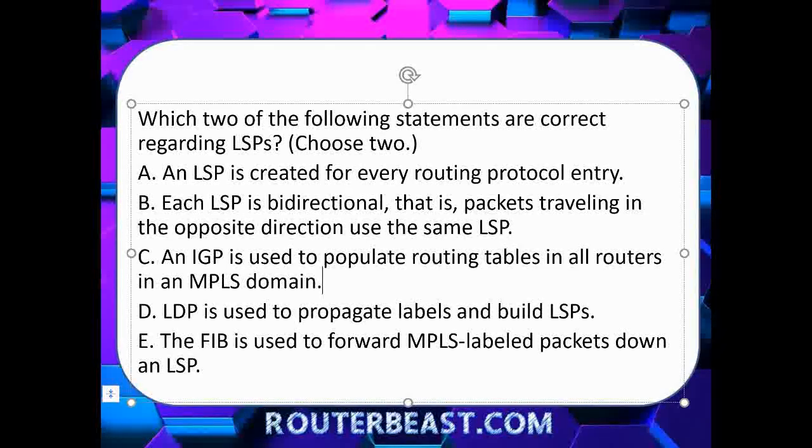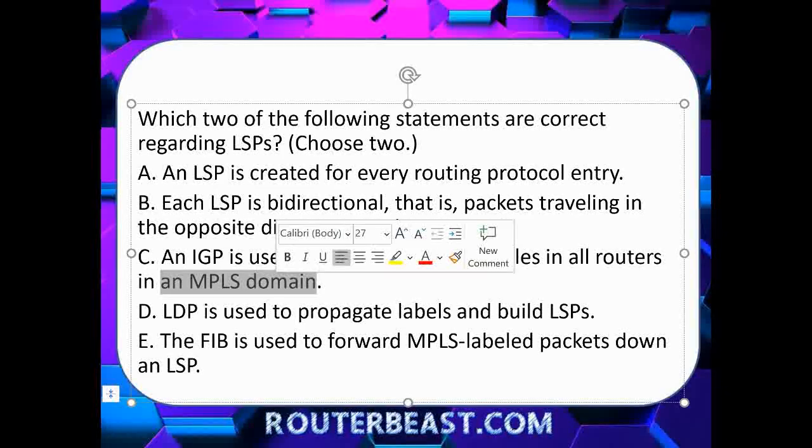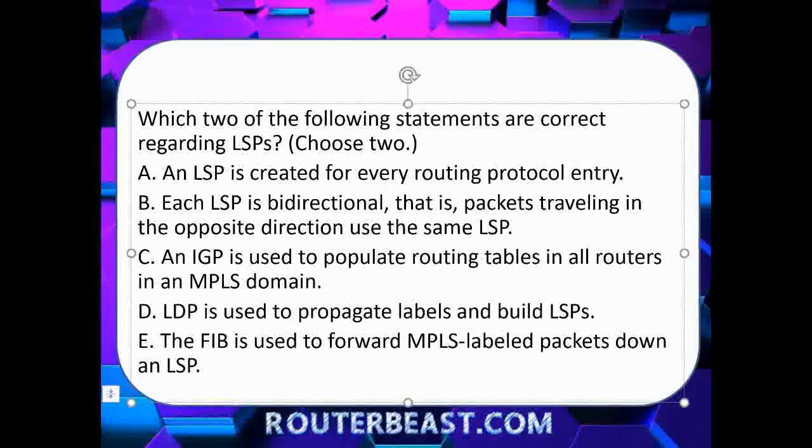And the label switching mechanisms. And so the IGP is used to populate the routing tables in all routers, irrespective of the MPLS domain. So the routing table is still always going to be populated by the IGP, completely separate of what's going on with MPLS itself.